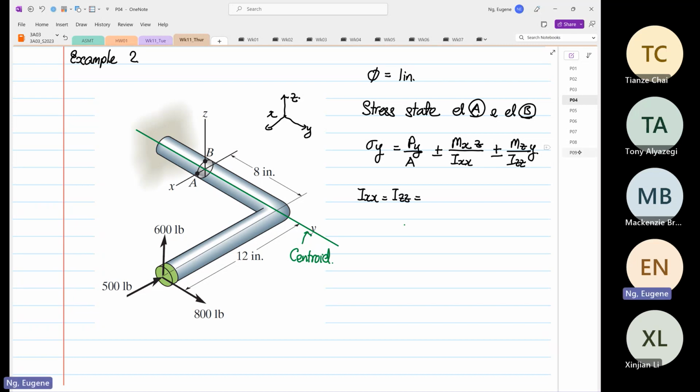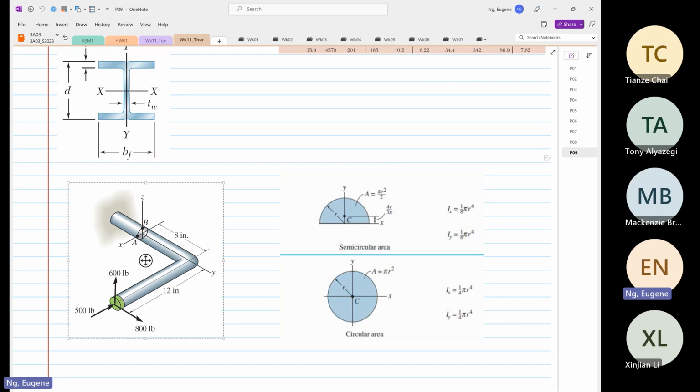So if this question does come out, I do provide you with the formula. Okay, so this is the formula.